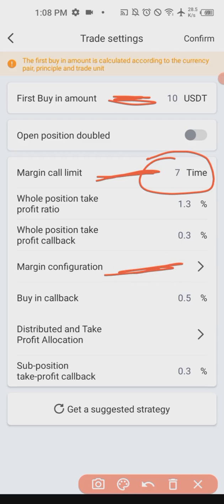However, you can see this one, whole position take profit ratio. What this means is I'm telling the bot I'm entering the market with $10. Once the price increases by 1.3%, what happens? I want to take profit. Simple instruction. I'm entering the market with $10, but once the price increases by 1.3%, I want to take profit.